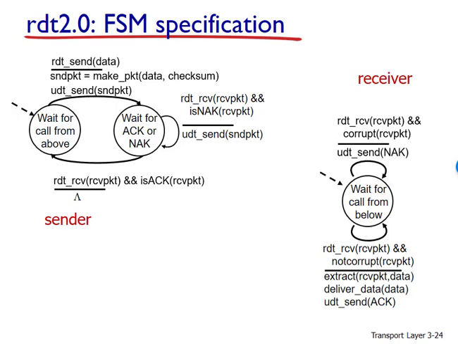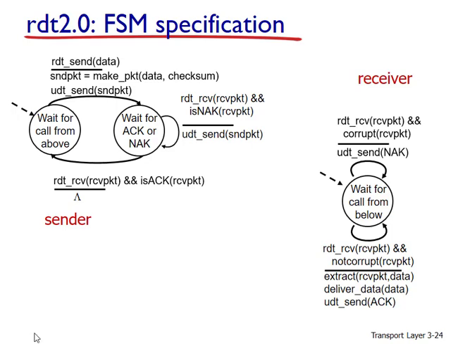Therefore, the sender will not send a new piece of data until it is sure that the receiver has correctly received the current packet. Because of this behavior, protocols such as RDT 2.0 are known as stop-and-wait protocols. That's a term you need to know: stop-and-wait protocols. It sends a packet and then waits for an acknowledgment.